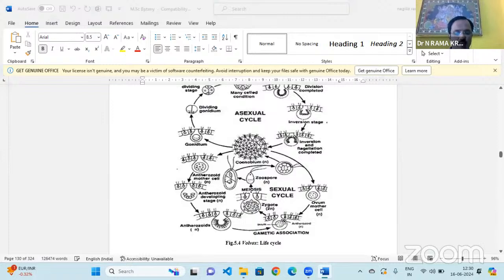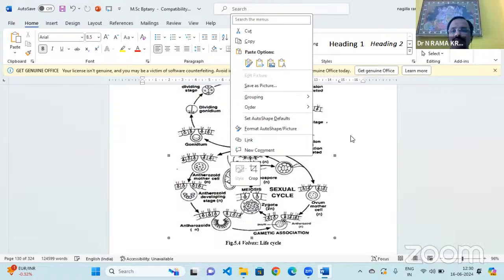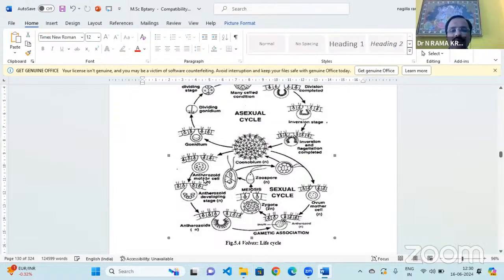This is of an oogamous type. The cells that give rise to oogonia. Here we are looking at Volvox, my cursor is there.